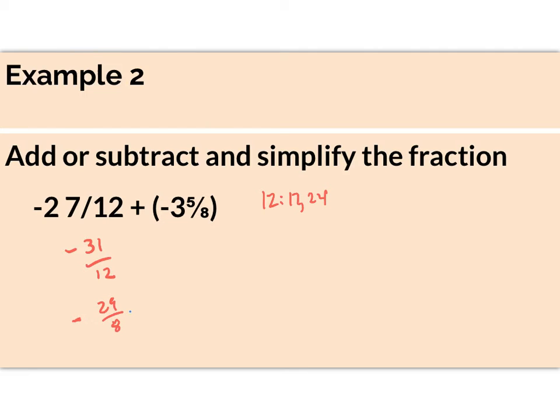But if you multiply the top by 3 over 3, you get negative 31 over 12. 8 times 3. Oops, I'm sorry. We had to change 12 into 24 by 2 over 2. So we get negative 62. Let me erase this and make it neater for you.